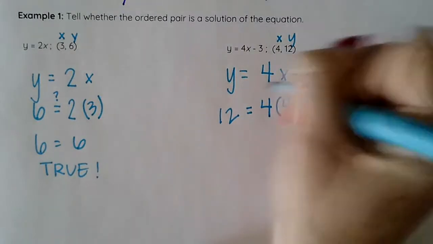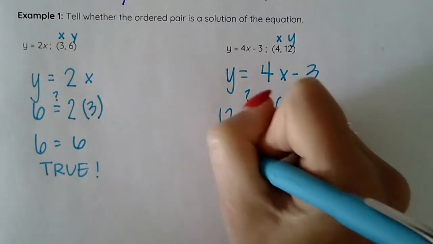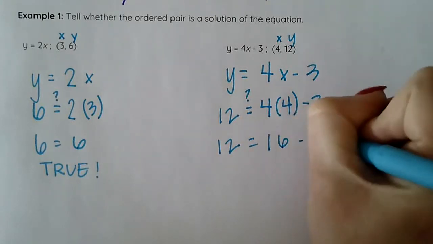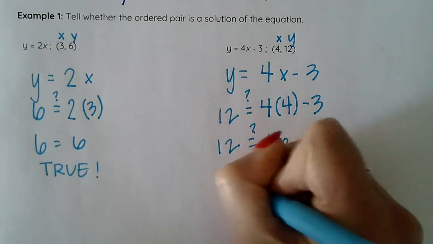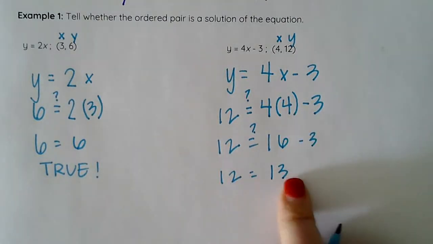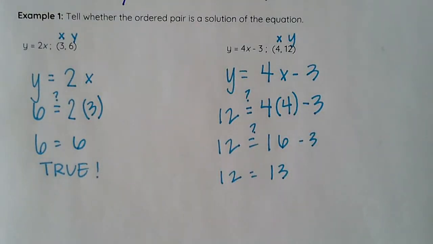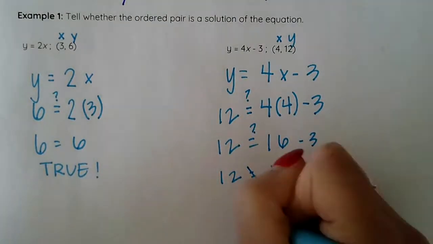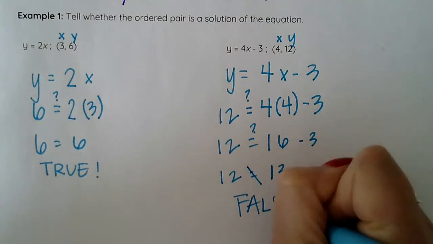So once again, I'm trying to determine if this will be true. 12 equals 4 times 4 is 16 minus 3, simplifying it all the way out, telling me that 12 equals 13. That is false. 12 does not equal 13, making this a false statement.